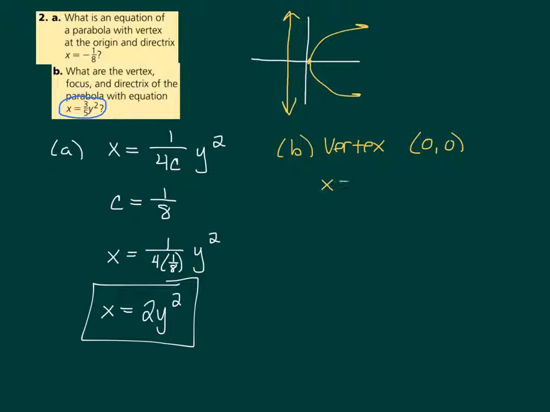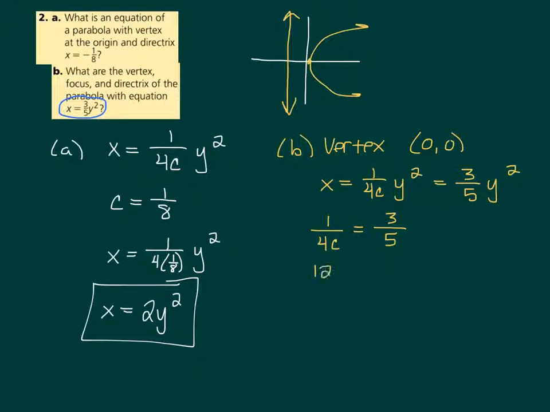Again, we're dealing in the general form like this. The equation given is this. So we know 1 over 4c y squared equals 3/5 y squared, meaning 1 over 4c must equal 3/5. When you have equations like this, you can cross multiply.